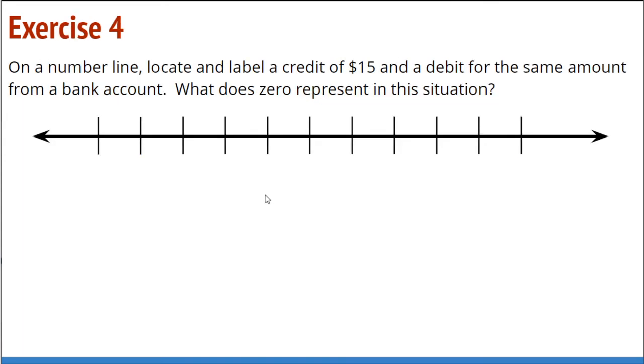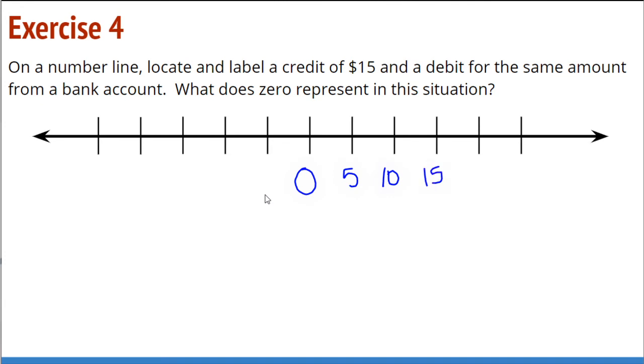Exercise 4. On a number line, locate and label a credit of $15 and a debit for the same amount from a bank account. What does 0 represent in this situation? So I need a credit of 15 and I need a debit of 15. So I'm going to have a 0 and I need to go in the credit direction, which is positive 5, 10, and 15.